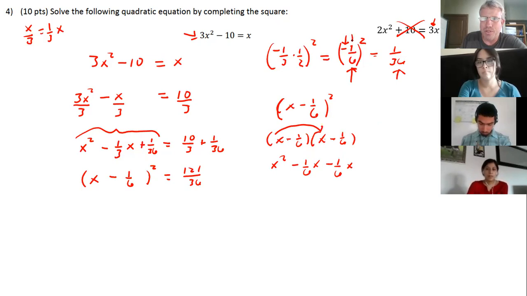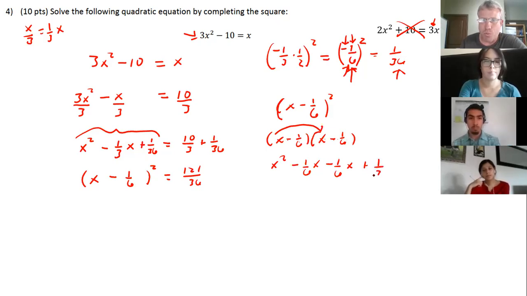There's the minus 1/6 coming out of there. And then it would be minus minus plus, and 1/6 times 1/6 is 1/36.